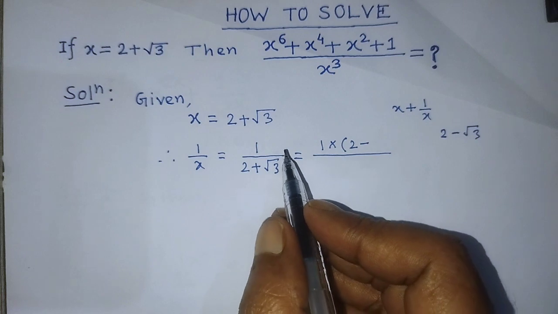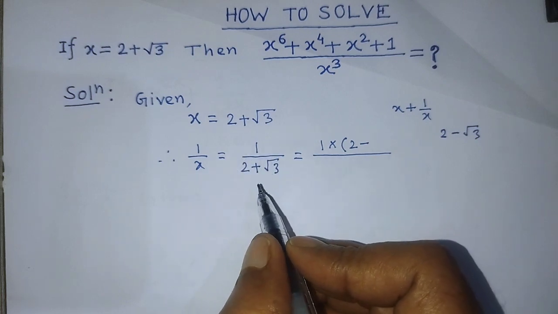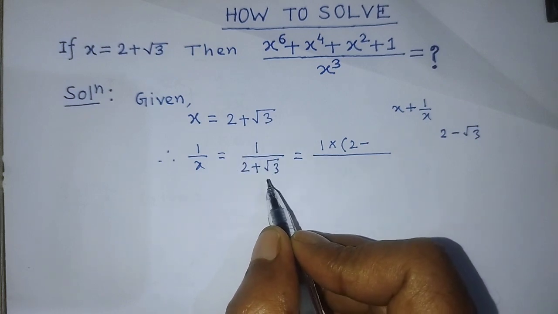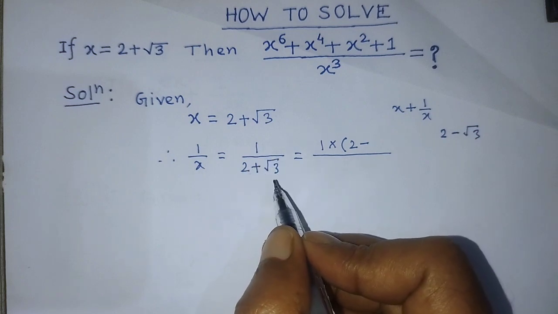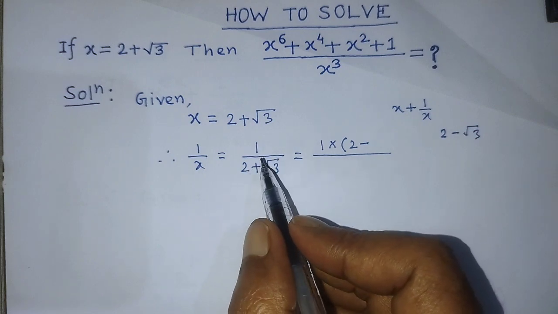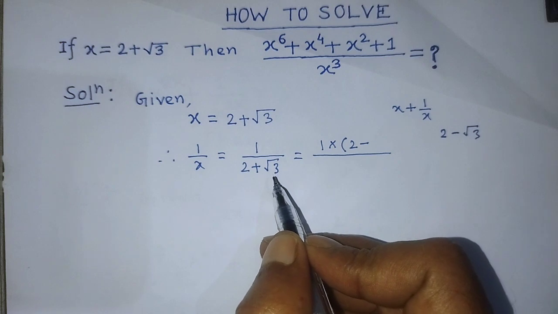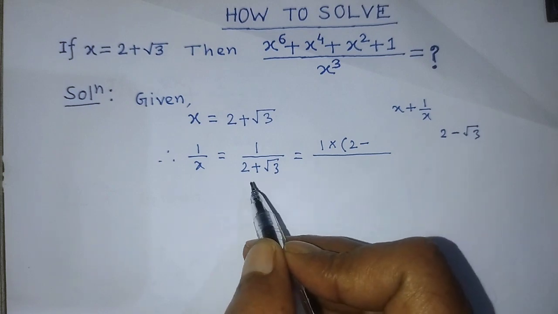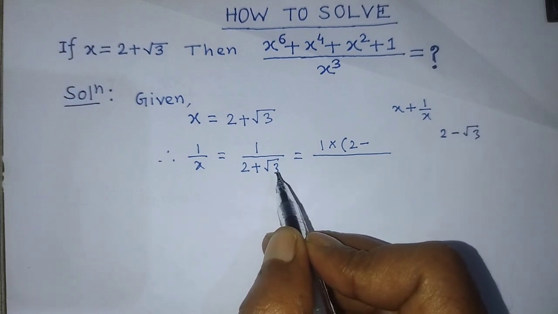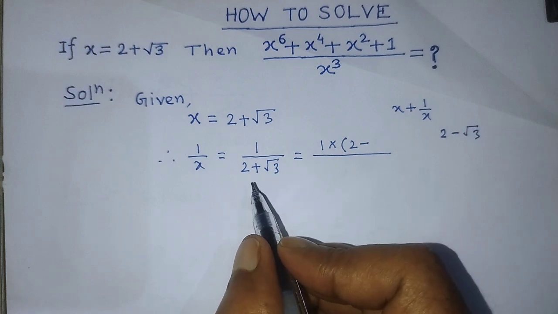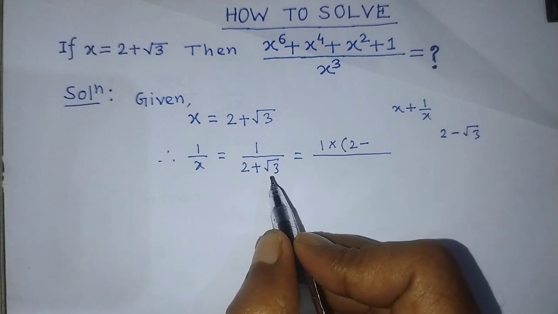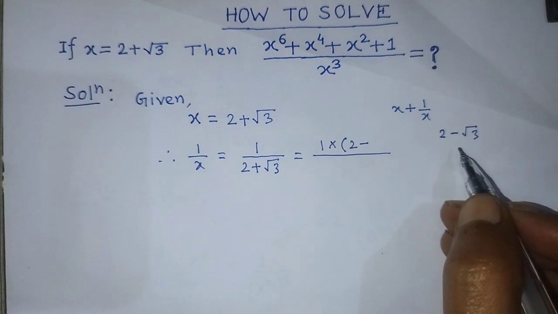To simplify this algebraic expression, we have to rationalize the denominator of this fraction. So we have to multiply the numerator and denominator of this fraction by the conjugate of 2 plus square root of 3. The conjugate of 2 plus square root of 3 is 2 minus square root of 3.